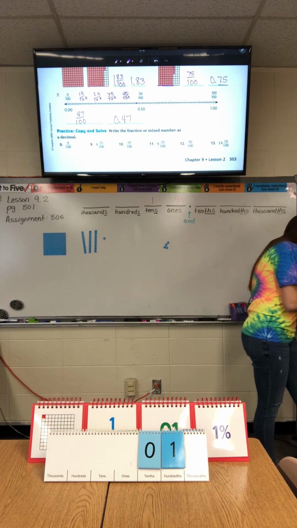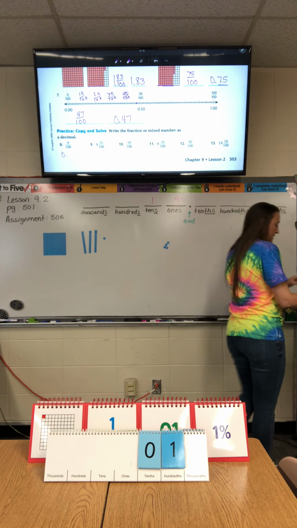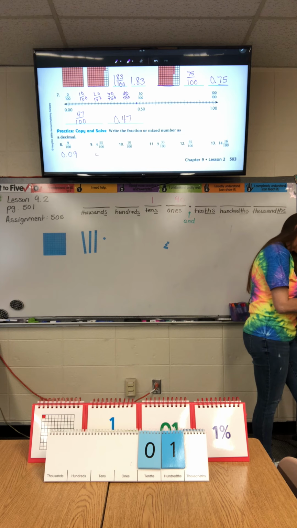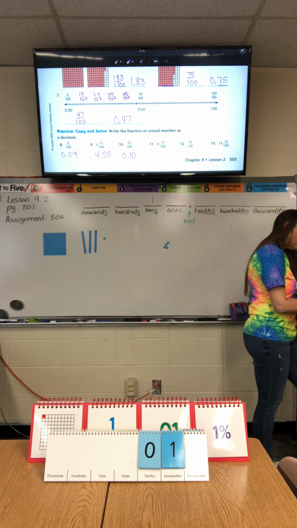They want us to write the fraction or mixed number as a decimal. So we have 0 wholes, since this is a fraction and not a mixed number. 9 means there's 0 tenths, and 9 in the hundredths place. We have 4 wholes on this one, and 55 is made up of 5 tenths and then 5 hundredths, so 4.55. 10 hundredths would be the 0 wholes, and that would be 1 tenth and 0 hundredths.